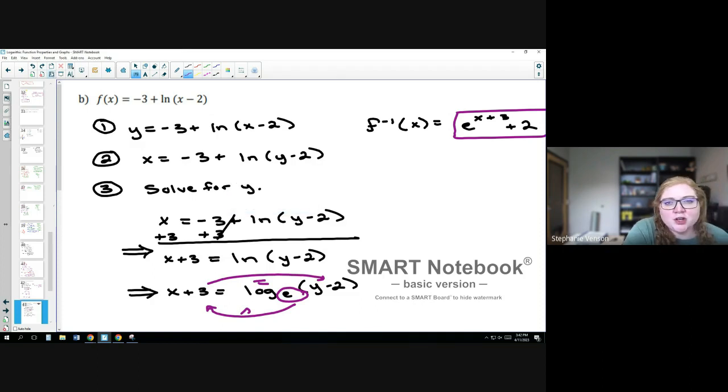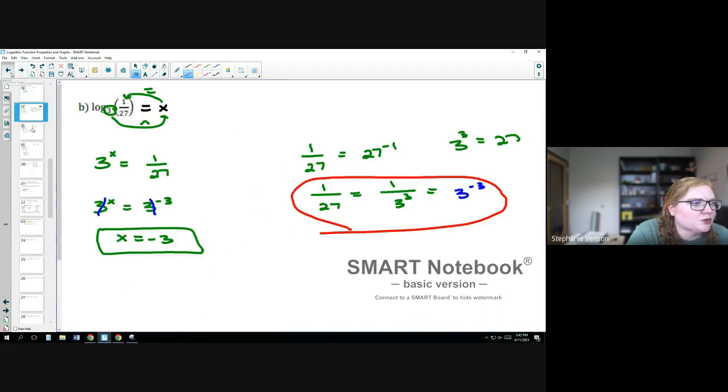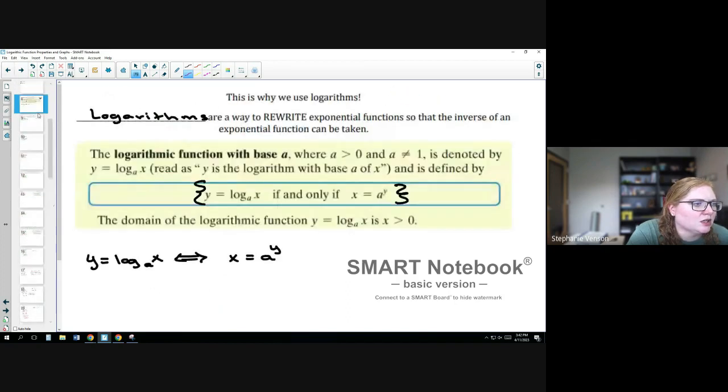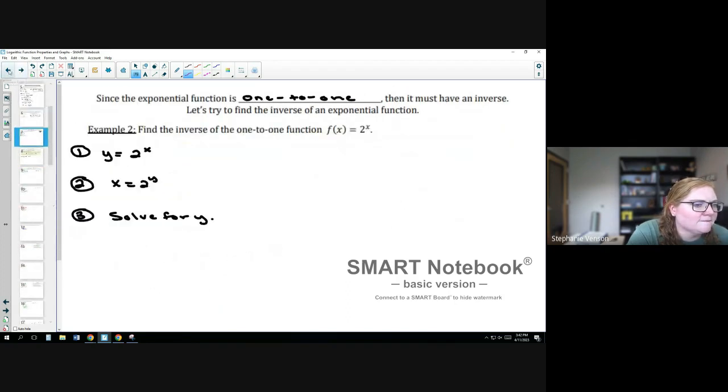So now that we know how to take the inverse of logarithmic functions, let's jump way back up to example 2. Let's see. It was farther than this. Yep, here it was. So remember, we tried to do this earlier, but we had not learned enough about logarithms to be able to finish it.